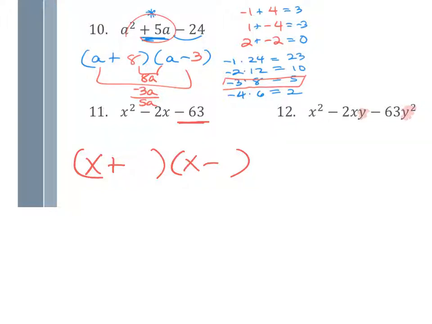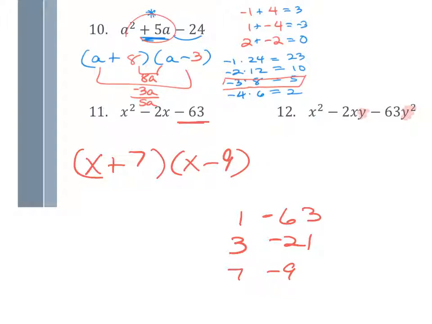So you could start listing 1 times 63, and again, my larger number of my factors will have the sign of the middle. 2 won't work. 3 will go in here 21 times. So then I keep going until I find the one that works, and it's actually going to be 9 times 7. And the bigger number is going to be the negative. So I'll put 7 here and 9 here.